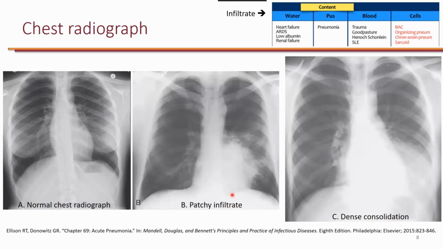Patchy infiltrate could be usually due to either presence of fluids or viral infections or atypical organisms. And when you have dense consolidation, as you can see in film C, it is usually more likely to be due to non-atypical organisms such as gram-positive and gram-negative organisms.